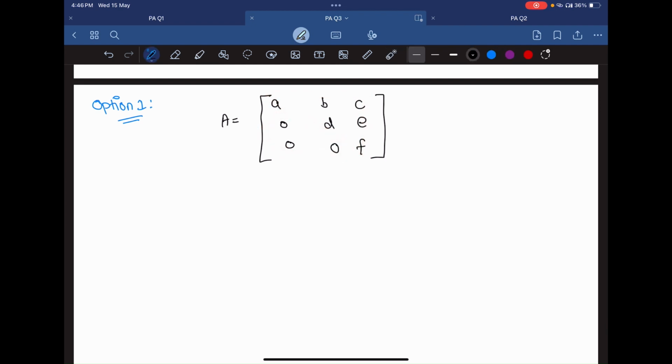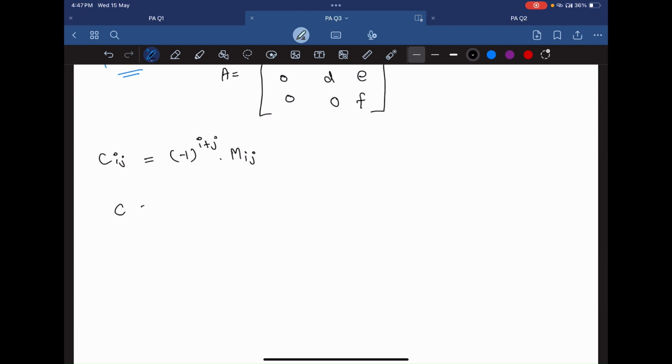Now, if we want to find the cofactor matrix of this, then the ijth entry in the cofactor matrix denotes the cofactor at the ijth entry for matrix A. And we can find the cofactor by using the formula, that is minus 1 power i plus j times M_ij, where M_ij denotes the minor of the matrix at the ijth entry.